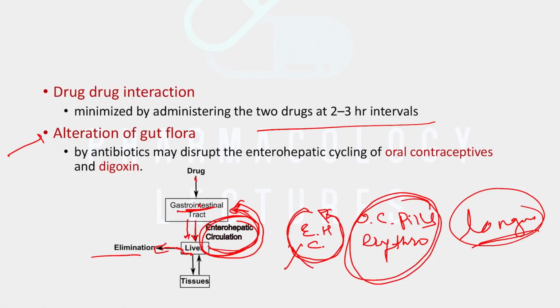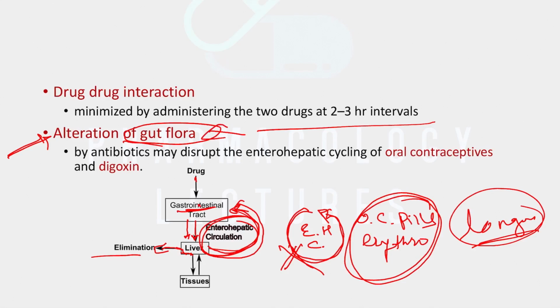So there are chances of drug interactions, and there are chances of interactions with gut flora, because gut flora plays an important role in enterohepatic circulation. If you alter the gut flora, the normal bacteria of the GI tract, there are chances of alterations in enterohepatic circulation.